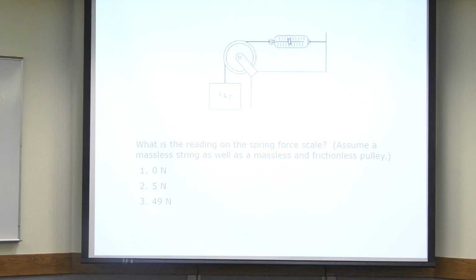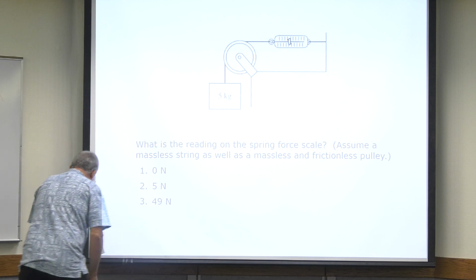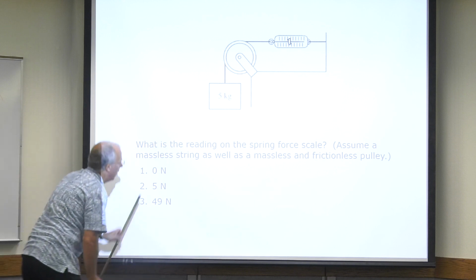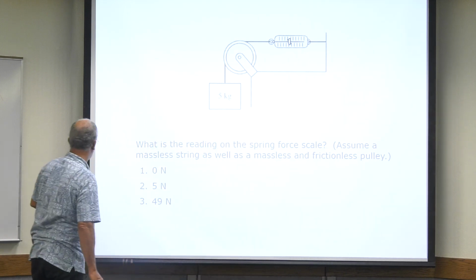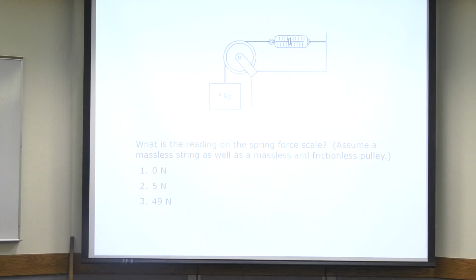What is the reading on the spring force scale? So we have a massless string and a massless, frictionless pulley, right? This thing is the spring force scale. So what's the reading going to be? Pause your video and figure it out. Well, it's a force scale, right?